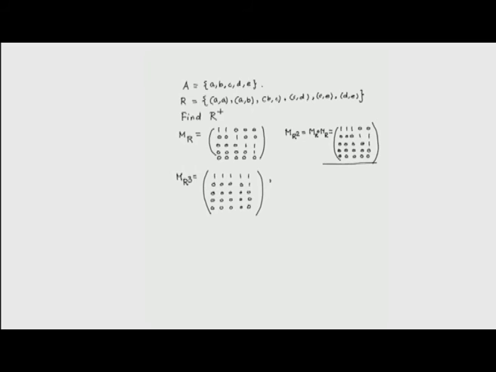and in exactly the same way, multiplying M_R 4 times by using the same product, we will get M_R to the power 4, which is 1 1 1 1 1, and rest of the rows are zeros, all right.